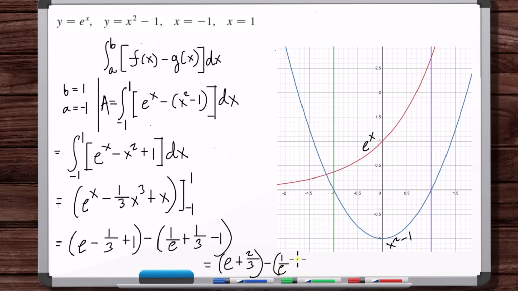And 1 over e, 1/3 minus 1 is minus 2/3. So this is e plus 2/3 minus (1 over e plus 2/3). So this is e minus 1 over e plus 4/3. That is the area between the curves. That is this area.